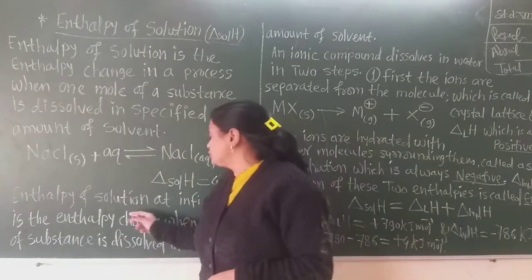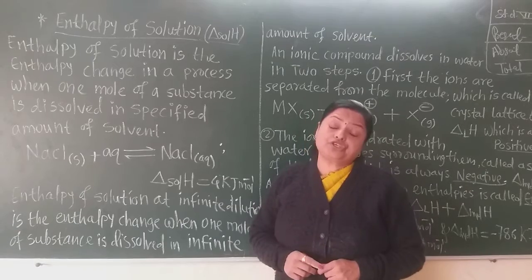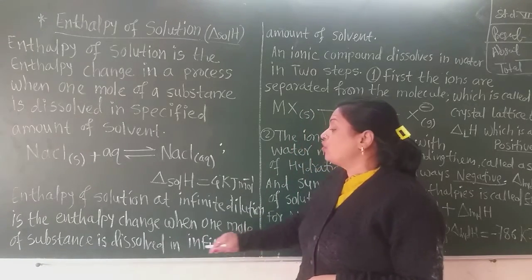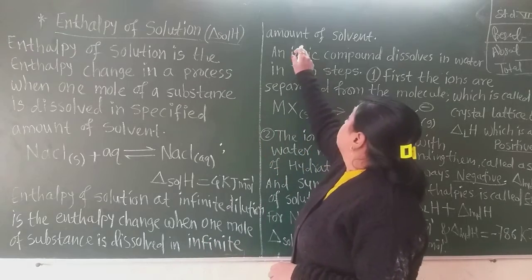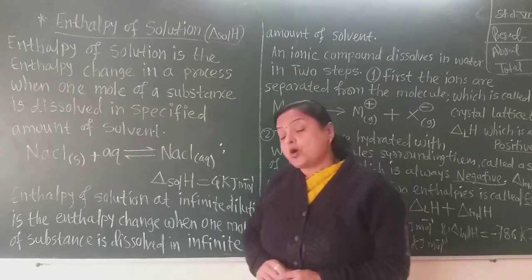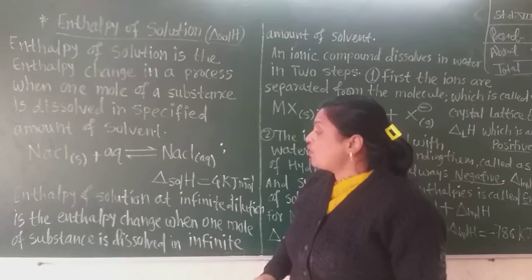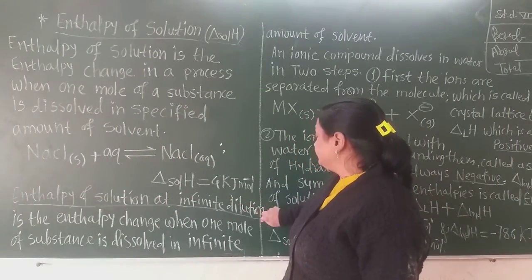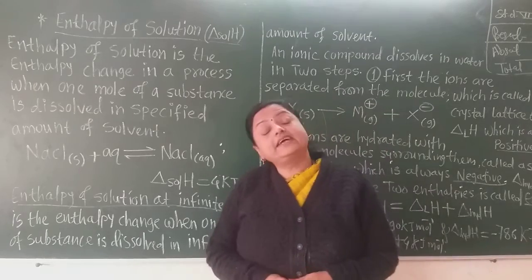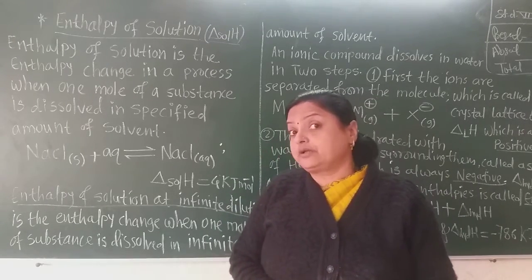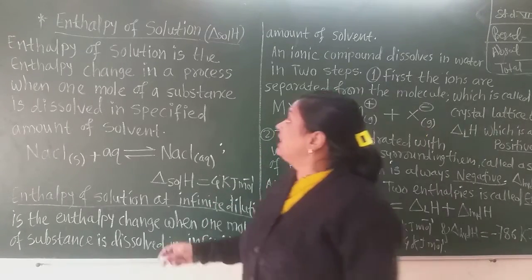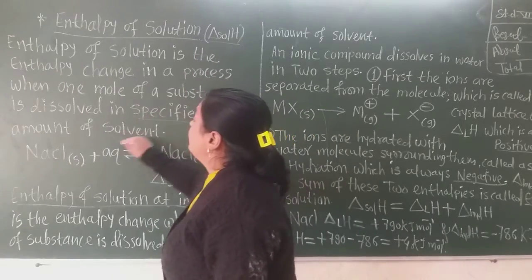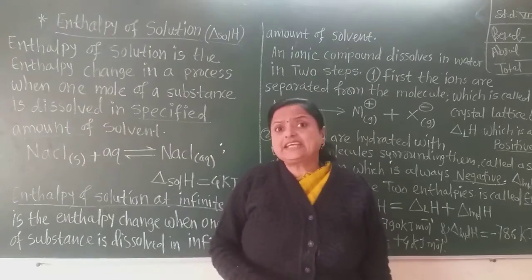Now enthalpy of solution at infinite dilution is the enthalpy change when 1 mole of the substance is dissolved in an infinite amount of solvent. Now what is the enthalpy of infinite dilution? When there is the enthalpy of solution, the volume of the solvent is a specified amount, that is a given volume.